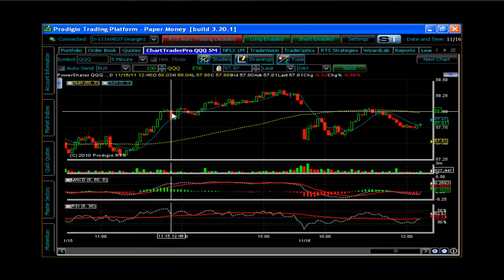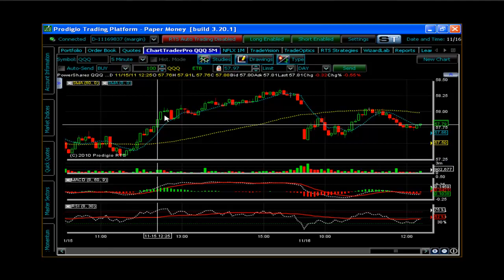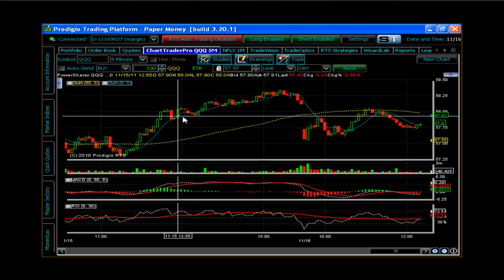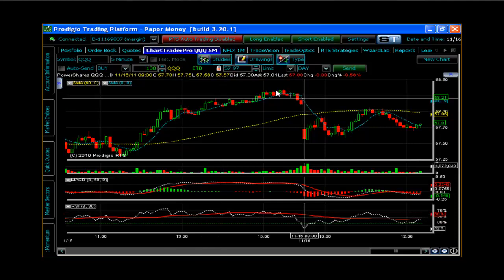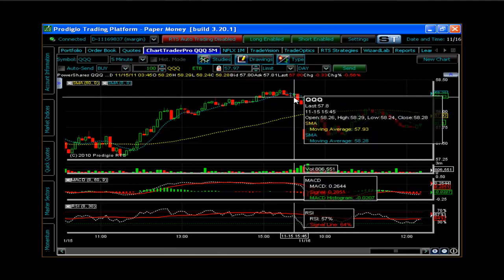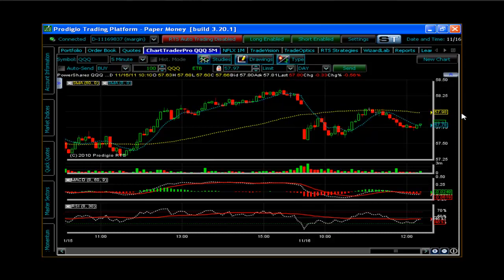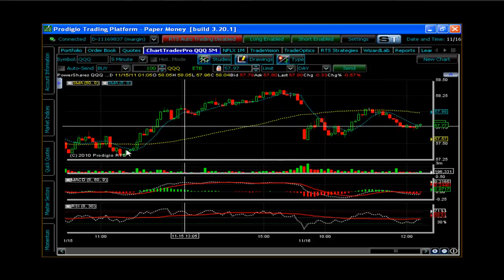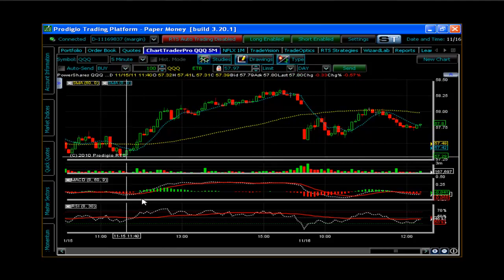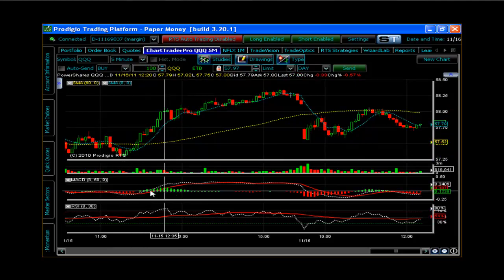I have this surge. I have this really strong surge, which lasts about an hour and 10 minutes. And then for the rest of yesterday, the NASDAQ ETF, it was bullish. It continued to go up. But that surge was nowhere near as powerful as what had happened earlier on at around 11:30 here. That shows up in this MACD color.